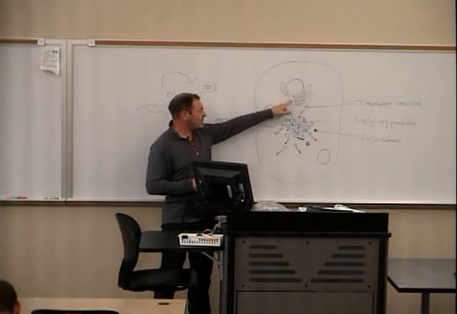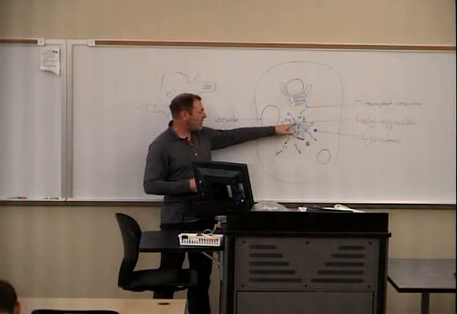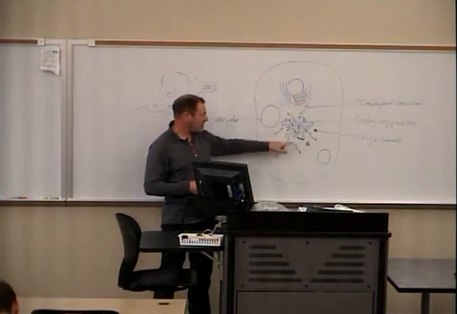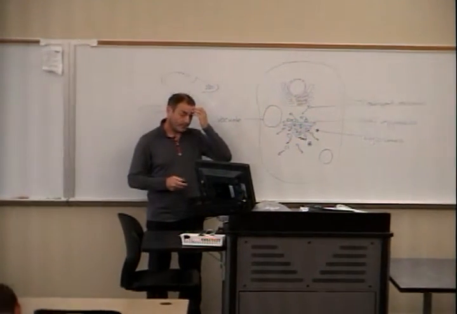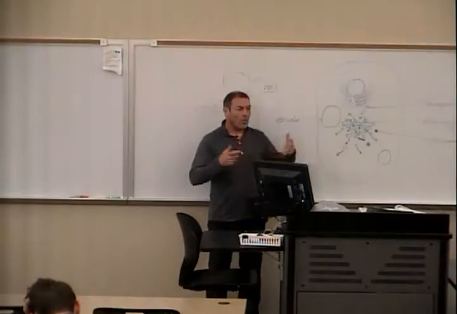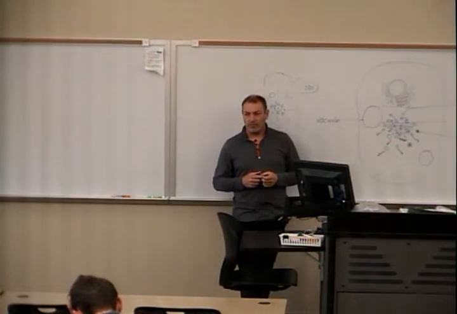It consists of the endoplasmic reticulum, both the rough and the smooth, the Golgi apparatus, lysosomes and vacuoles, and the plasma membrane. Oh, sorry. Okay. All of those form the endomembrane system of the cell.